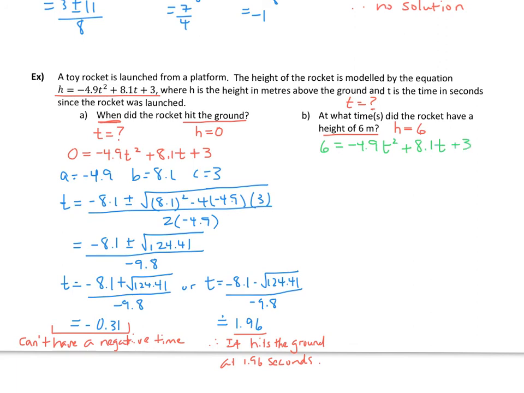And then before we can solve that, we have to get 0 on one side of the equal sign. So we're going to subtract 6 from both sides of the equation. And then when we do, we have negative 4.9, which is our A value, multiplying t squared, plus 8.1t, and then we have a minus 3 here. So you can go ahead and solve that using the quadratic formula, and then you can check your answers with mine.